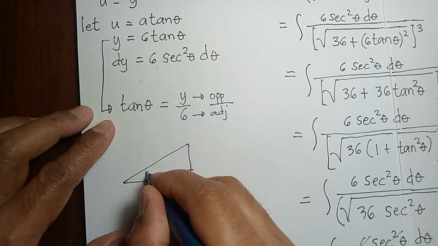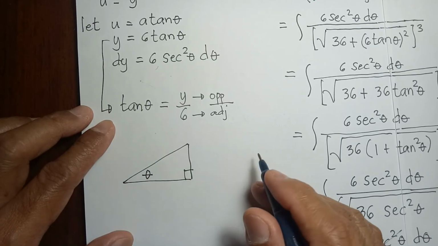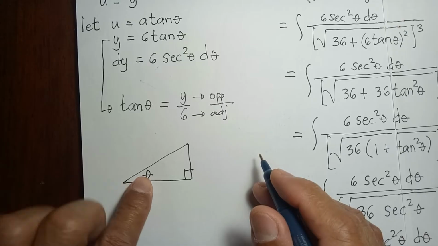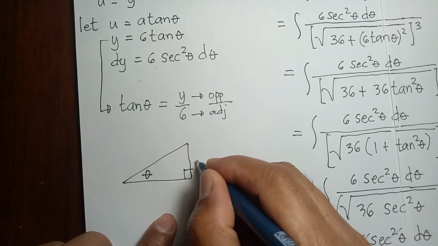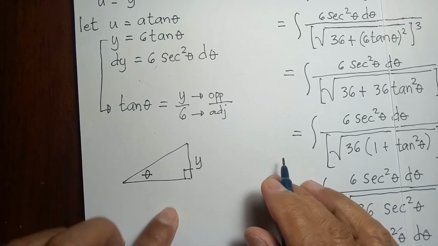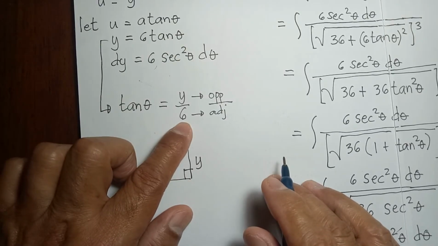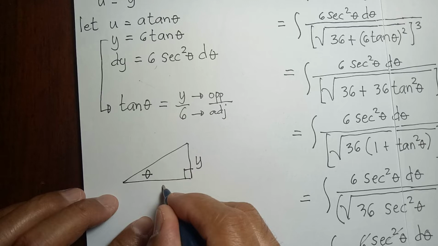So, let us say that this is the angle theta. With respect to angle theta, the opposite side is y. So, this is y. And then, the adjacent side is 6. At ito yun, 6.